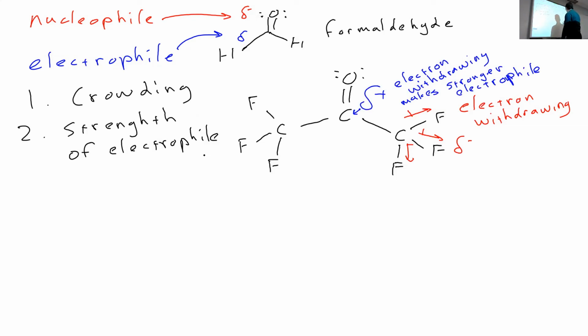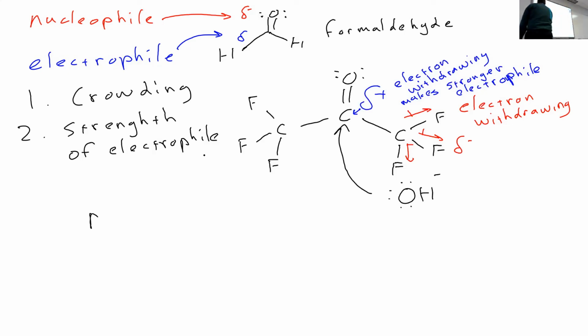So now when we're bringing in our nucleophile in our basic hydration reaction, this attack is going to be a lot faster, and therefore we'll have a higher rate and a higher amount of our hydrated product produced.